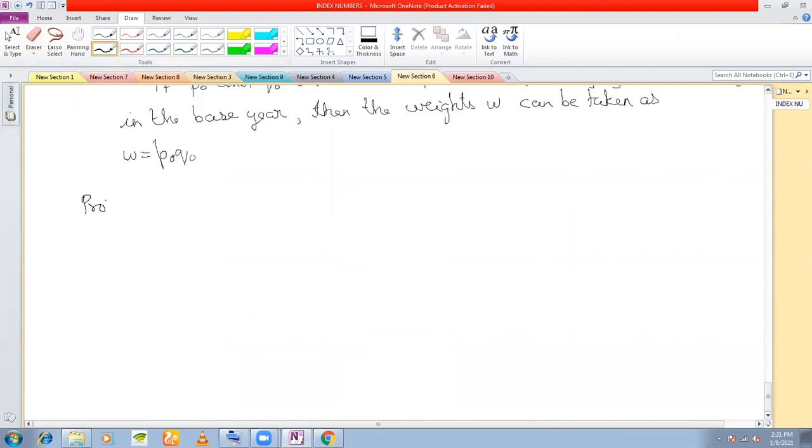Problem 2. For this method, calculate the weighted index number for 2001 from the following data.